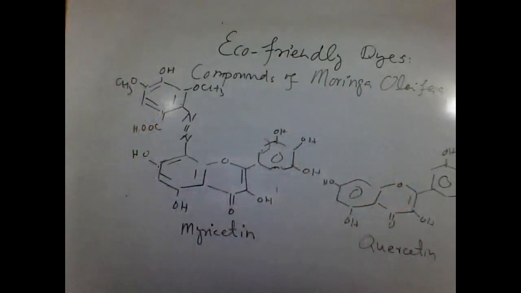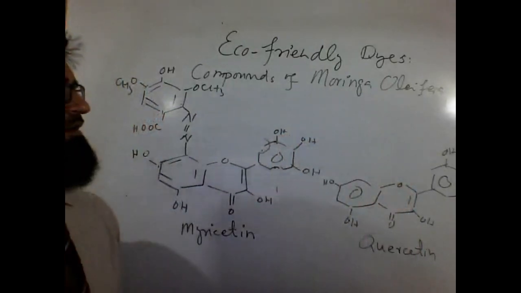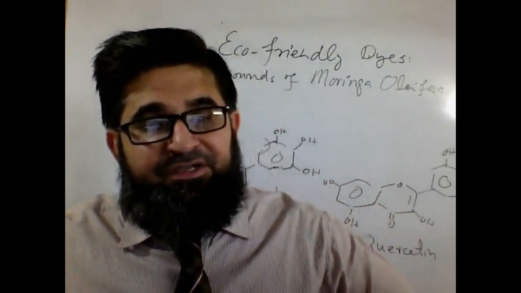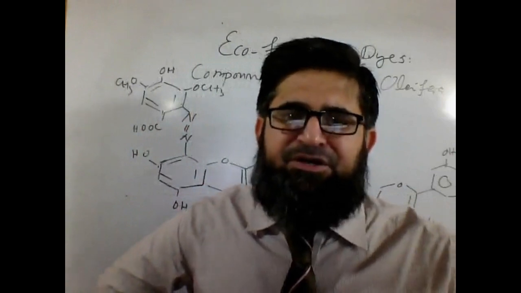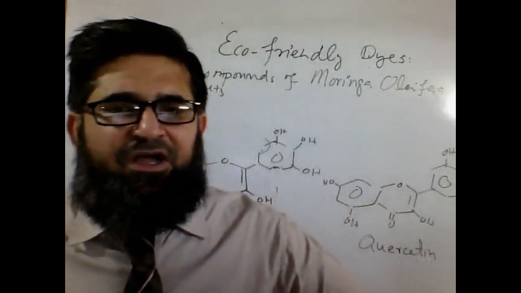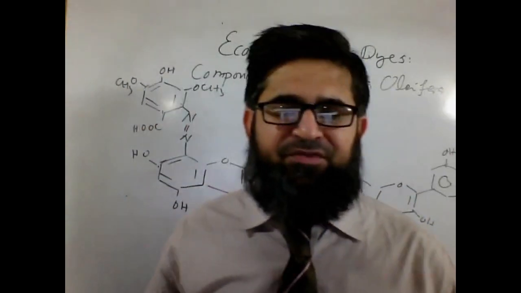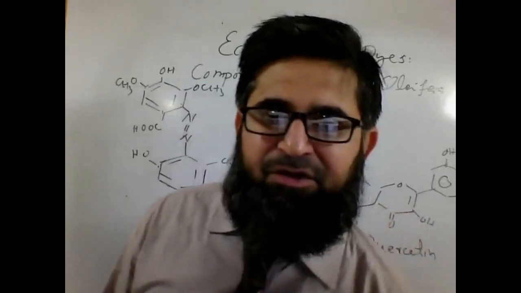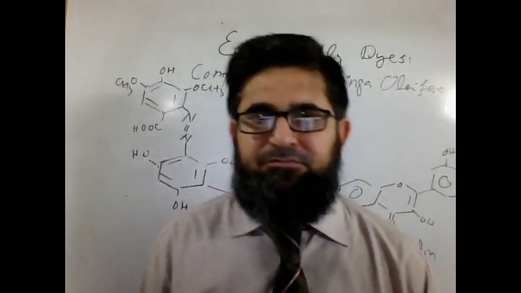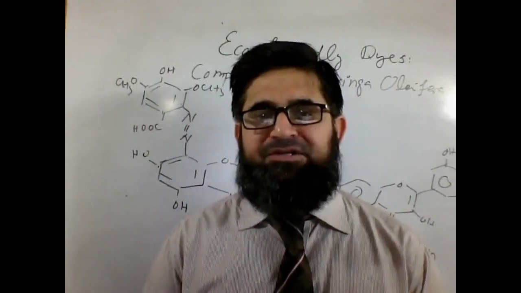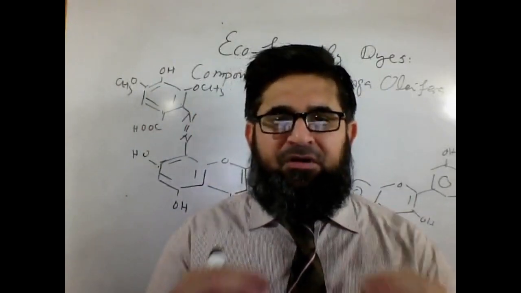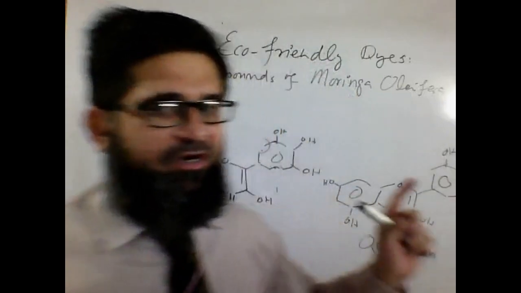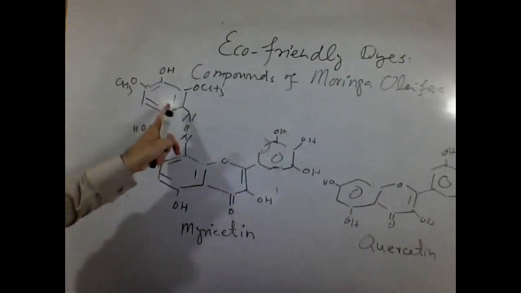eco-friendly dyes. So this is the basic main idea of how eco-friendly dyes could be synthesized. I have explained this to you in my previous lectures as well. Today's lecture is the continuation of the last lecture. We can prepare eco-friendly dyes starting from natural compounds. The natural compounds could be the ones from where we start, as we have started from here.